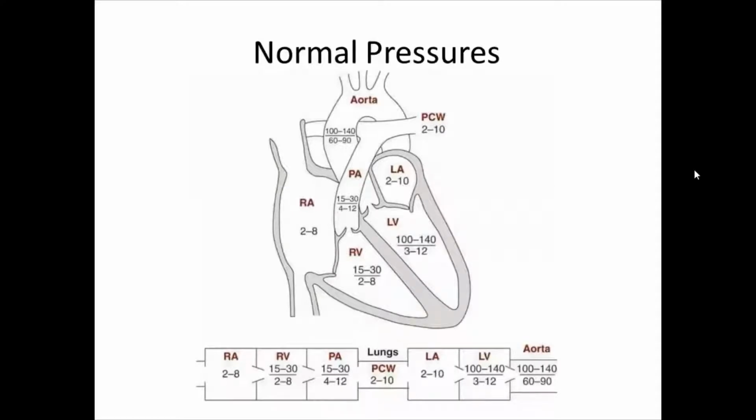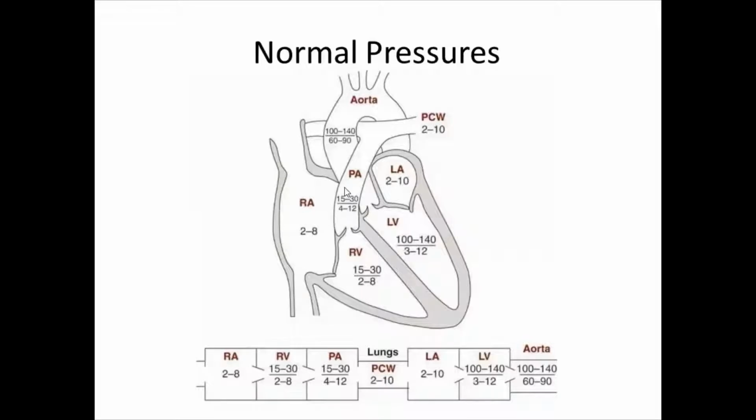So just as a reminder, these are the normal values for the left and right heart pressures. For example, in the right atrium, usually it is a mean around 5. RV is phasic, which means it has systolic and diastolic pressures.